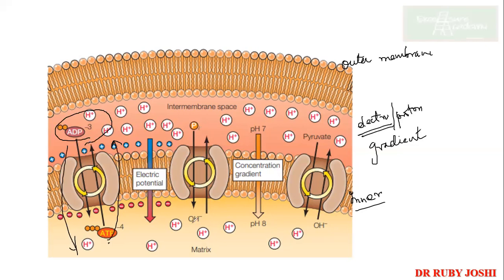Similarly, phosphate is also coming in in exchange for H+. Then pyruvate is coming in in exchange for OH-. So all this is possible with the help of the proton gradient.